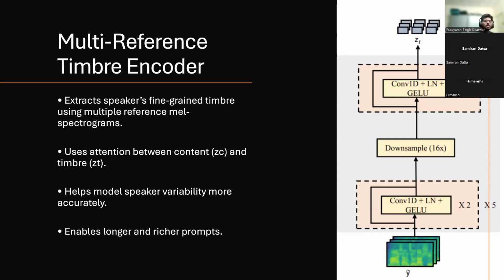Conv 1D takes the MEL spectrogram and downsamples it, or featurizes it, into special vectors which can help us identify the voice and the voice identifications.